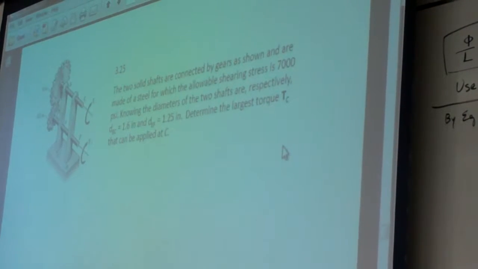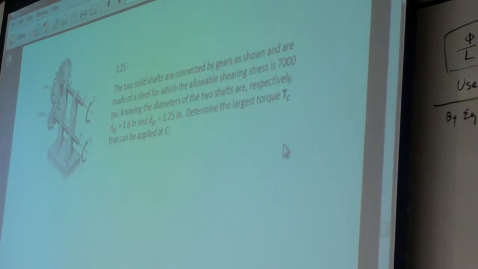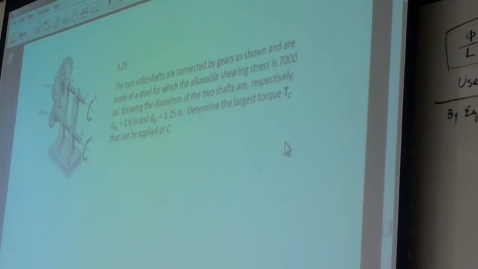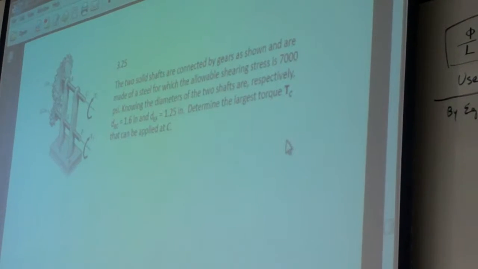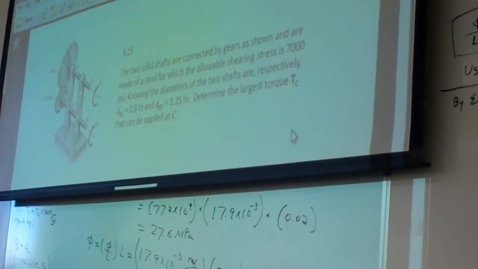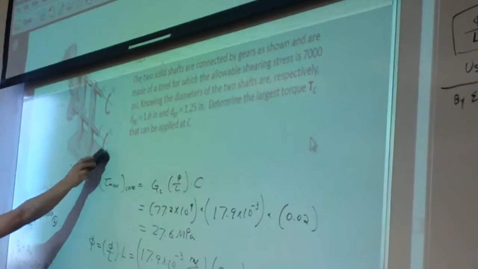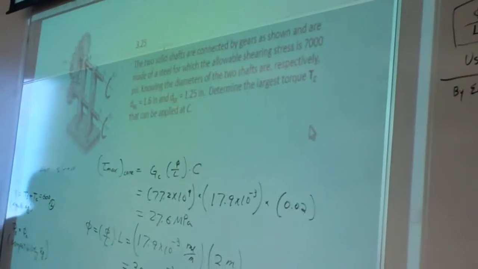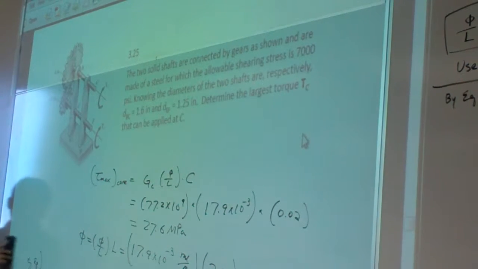Okay, so how do we solve this problem? The thinking process is, first, we need to find the relation between the two torques, which is governed by the gear set.